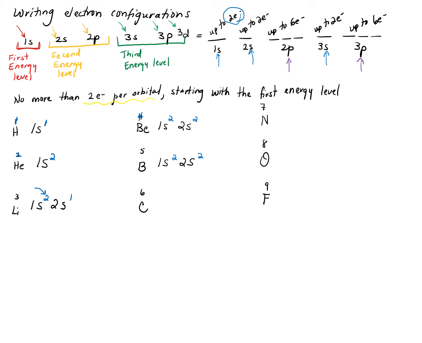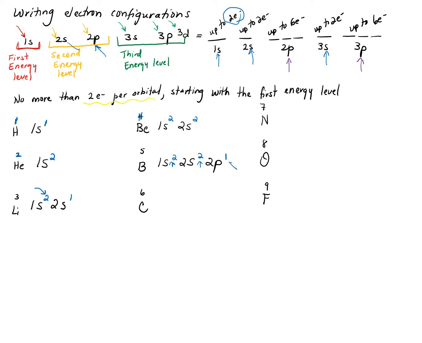So that's 4, and I need 5. So now we move from the 2s right here to the 2p. So now I go 2p, and what I'm missing is just 1 electron to complete 5, and now I have 5 electrons.